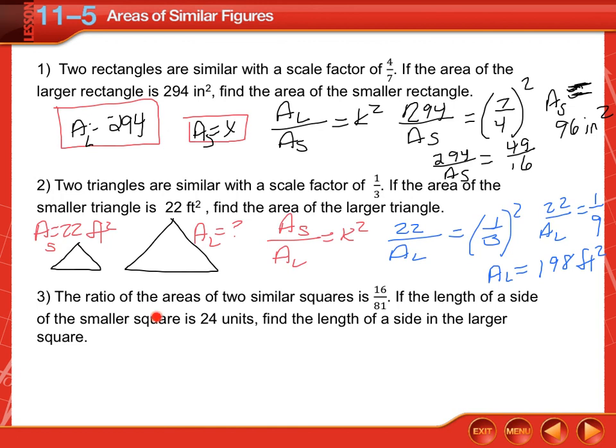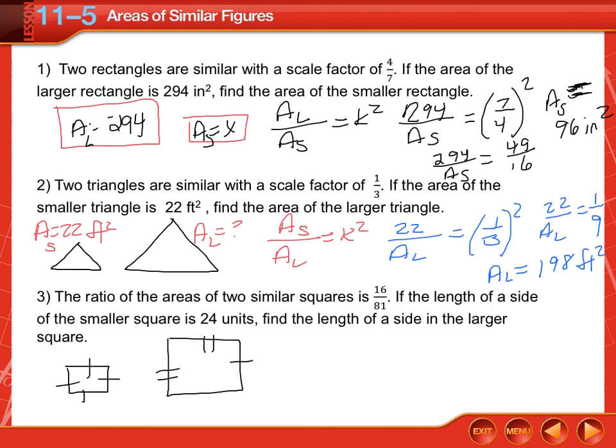The ratio of the areas of 2 similar squares is 16 to 81. If the length of a side of the smaller square is 24 units, find the length of the side of a larger square. So as always, I think a little sketch is helpful. So we have a smaller square and a larger square.